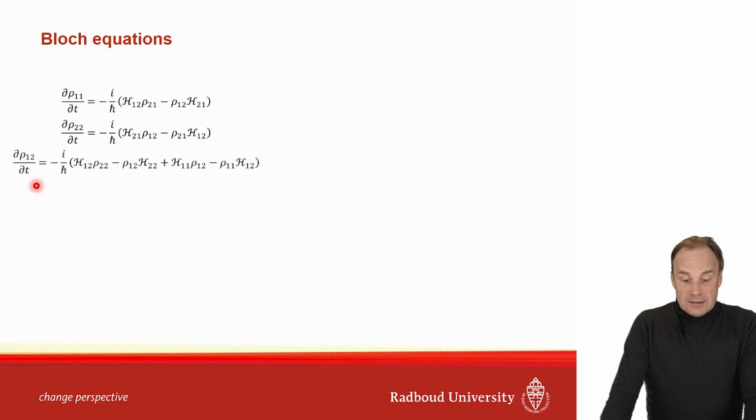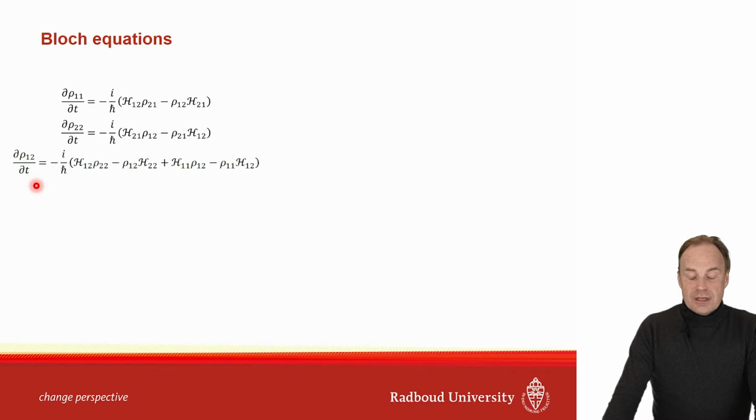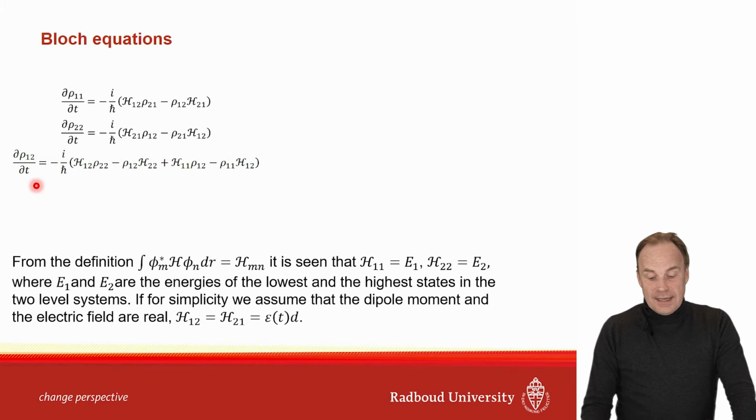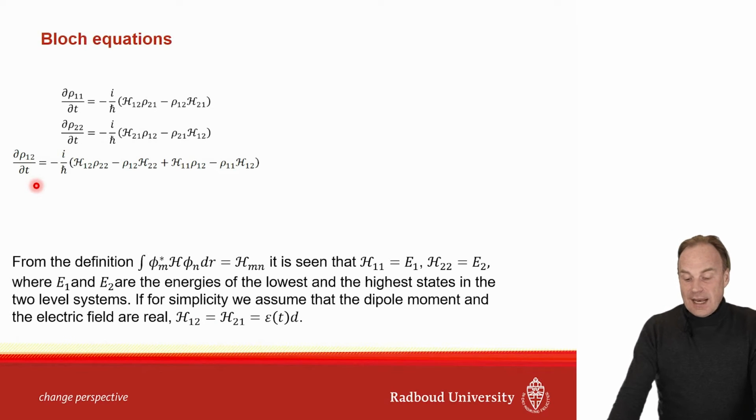Well, what we did was simply apply this time-dependent equation for the density matrix, and we have written the expressions for each of these 3 elements. What we have to remember now is that a diagonal element of the matrix H is simply the energy of the ground state.